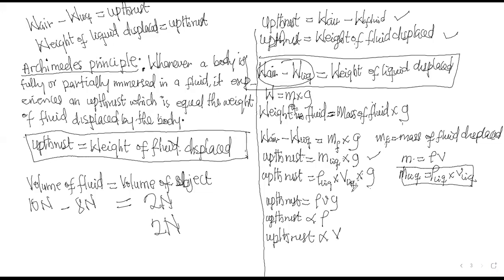So that is why in our experiment, we weigh the object in air, weigh it in water, and we also collect the volume of water displaced. We weigh it, and the value is the same. So upthrust is equal to the weight of fluid displaced by a body immersed in fluid. Frank, that is why we are equating the two.